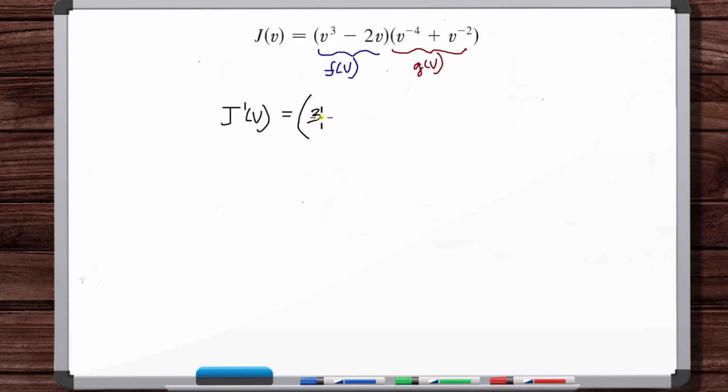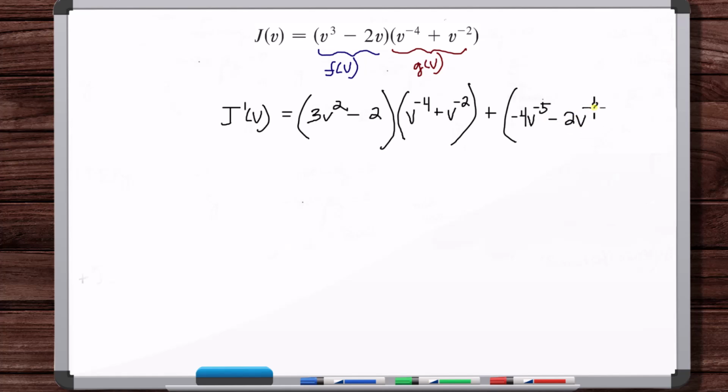So we've got 3v squared, minus 2, times v to the minus 4 plus v to the minus 2. Right? Derivative of the first times the second, plus the derivative of the second, minus 4v to the minus 4 minus 1 is minus 5. Then we're going to have minus 2v to the minus 2 minus 1 is minus 3, times the first, v cubed minus 2v. Okay, so that's the derivative.